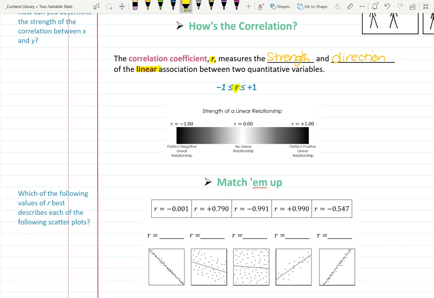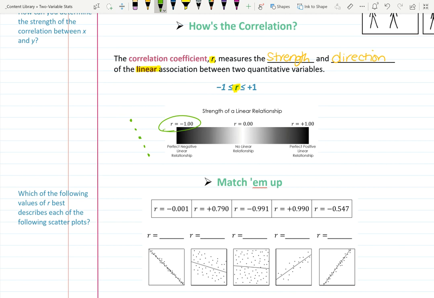Think about a line with a negative slope. If there is a perfect negative correlation, if those dots make a perfect line, again, in real life, not going to happen, but if it's perfect, that is going to be a -1.